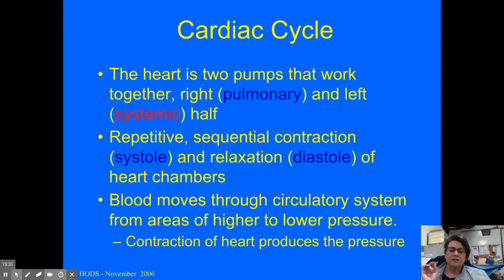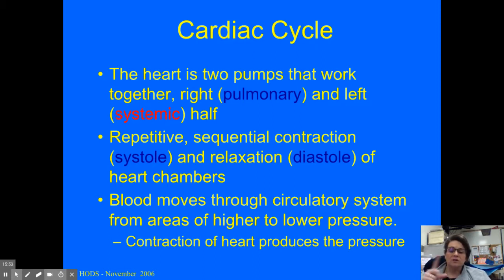The heart, like I said, has two pumps that work together. The right is the pulmonary, and the left half is the systemic. The repetitive, sequential contraction. The contraction is the systole, which is the top number on your blood pressure, and the relaxation is called diastole, and that's where the heart chambers are relaxing.